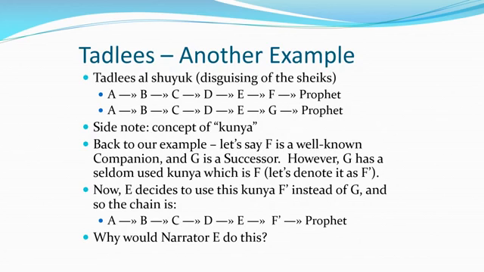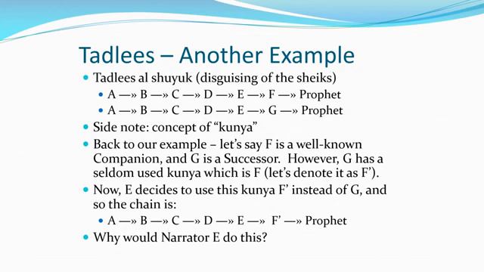And I told you that that distinction would become important later. Well, it becomes important here in this issue of tadlis. Now, when somebody says an, when it appears in the chain, it doesn't usually indicate tadlis, but it raises this possibility, and the hadith scholars often then go on to further investigation of the chain.